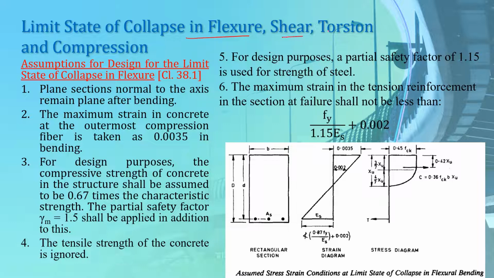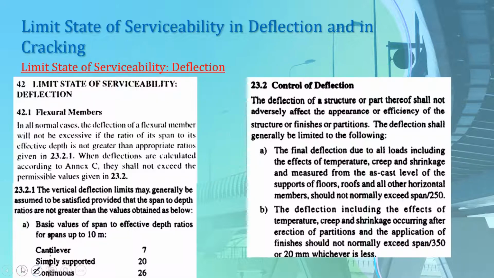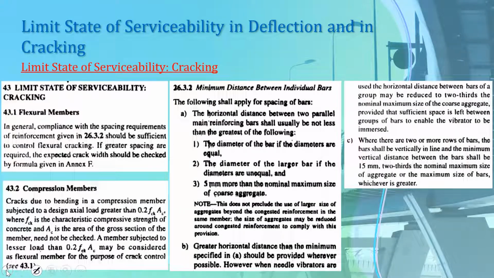The limit state of collapse in shear, torsion and compression will be discussed in separate chapters, because we have to design for shear, we will learn about design for torsion, and we will learn the design of compression members also. So we will only look at some assumptions related to the design for limit state of collapse in flexure and limit state of collapse in compression. There are two more assumptions. And then we will look at the limit state of serviceability in deflection and then cracking.